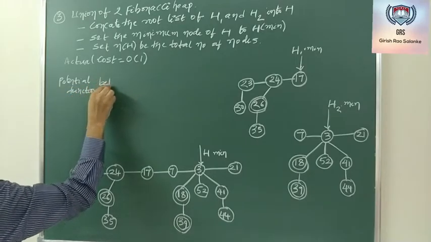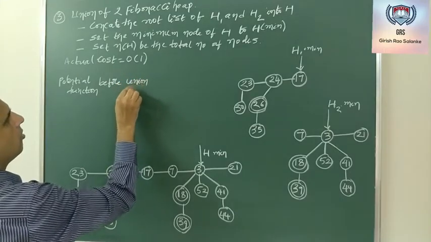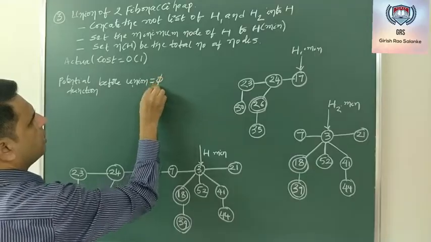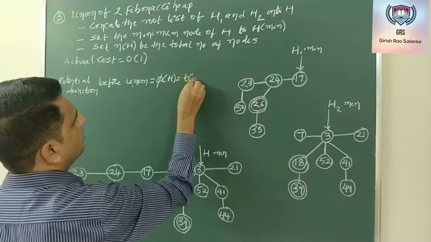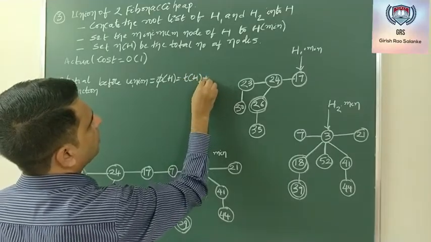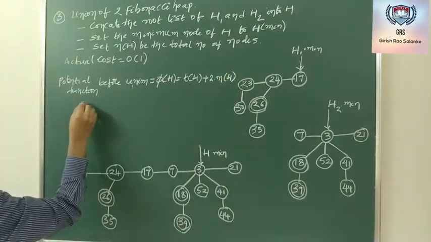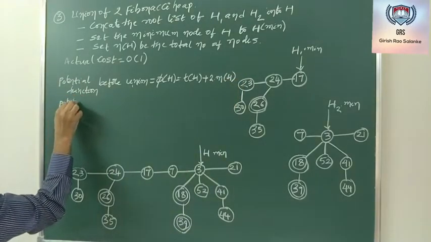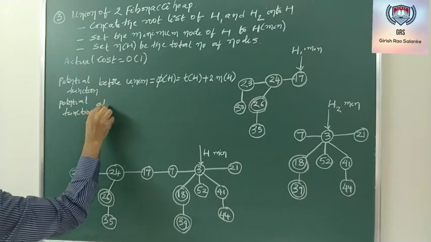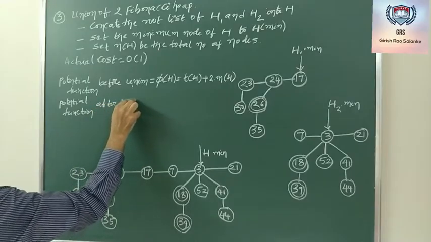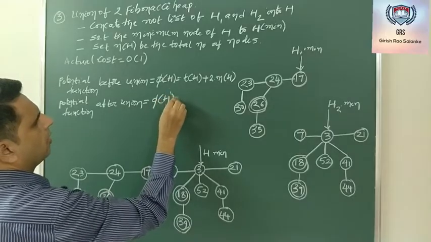My potential function before the union operation is pi of H equal to T of H plus 2 times M of H. Now after the union operation, the potential function is pi of H dash.